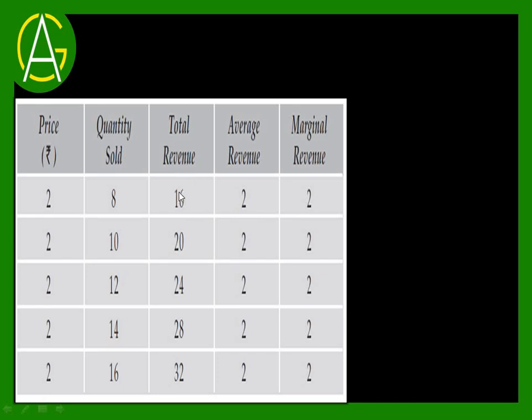We can see from this particular point, out of 0 it has become 16. So the change in total revenue is 16. Out of 0 the quantity has become 8. So the change in quantity is 8. 16 divided by 8 is how much? It is 2. So marginal revenue is also 2, average revenue is 2, price is 2. So price is equal to average revenue is equal to marginal revenue.